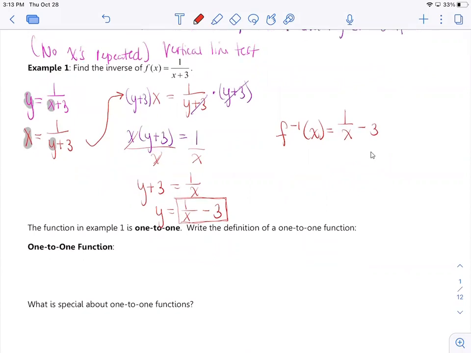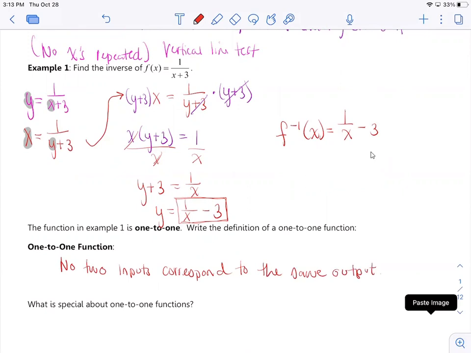Well, the definition of a one-to-one function, and I'm going to pull up a graph in a moment, is no two inputs correspond to the same output. So what that is saying is no x's repeat and no y's repeat.